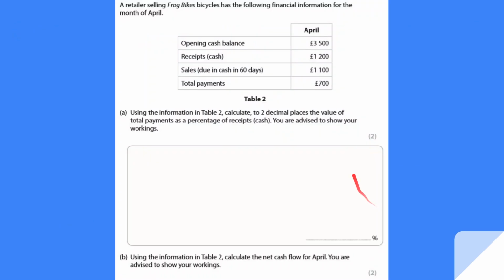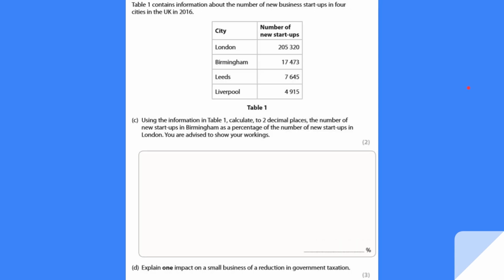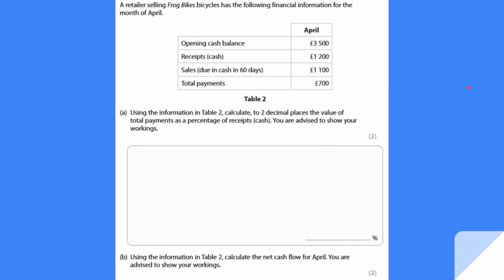A retailer selling frog bikes has the following financial information for the month of April. Using the information, calculate to 2 decimal places the value of total payments as a percentage of receipts.